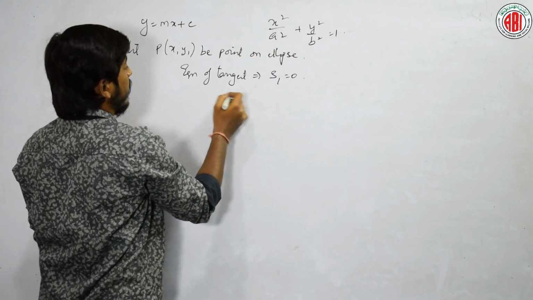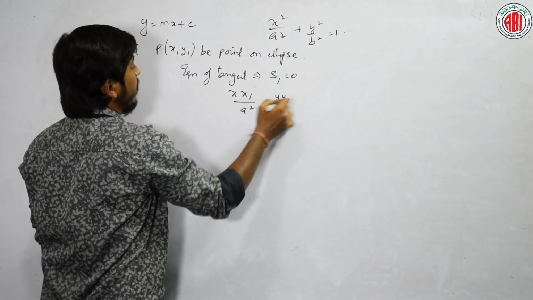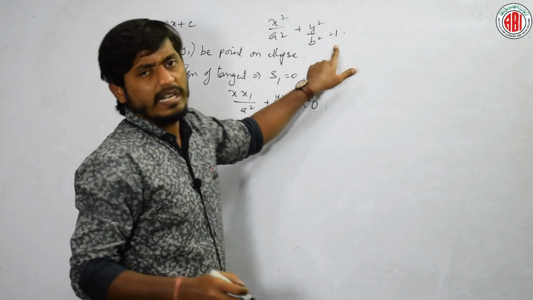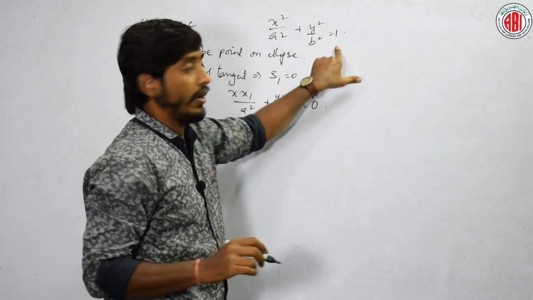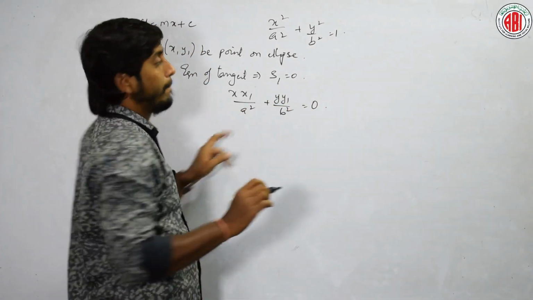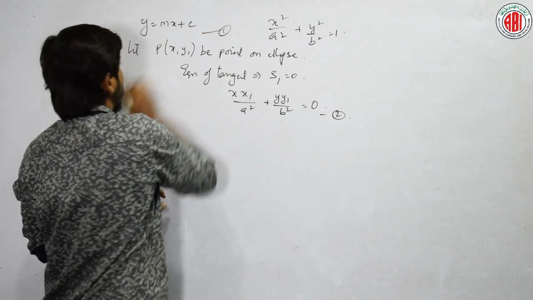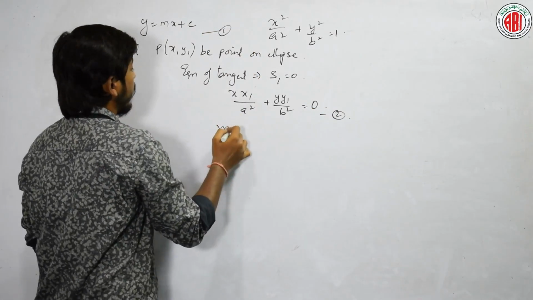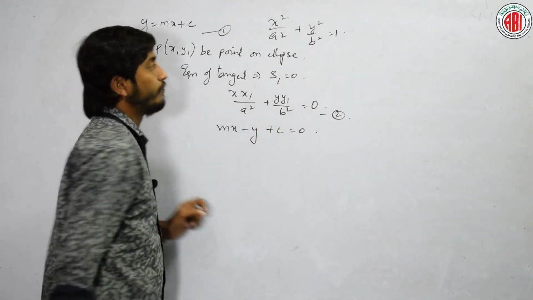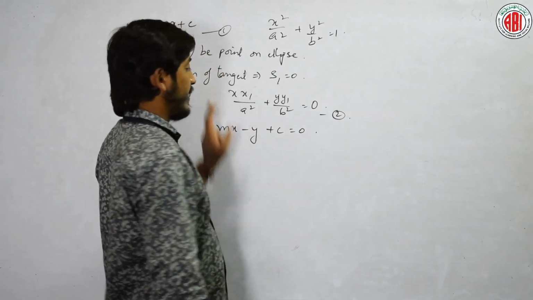How is it? x x1 by a square plus y y1 by b square minus 1 equal to 0. The constant, obviously it is 0. Okay. So, this equation and this equation represent the same line. Let me call them equation 1 and equation 2. Let me write equation 1 in the form mx minus y plus c equal to 0. Is it okay? Fine. This and this represent the same.